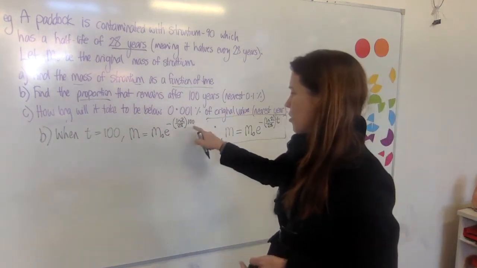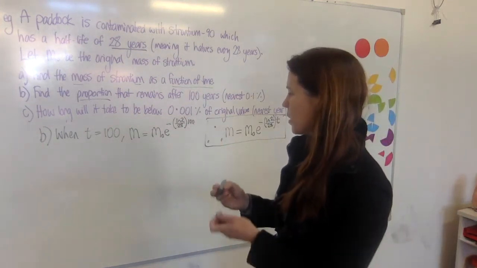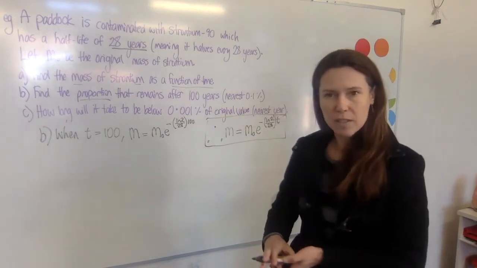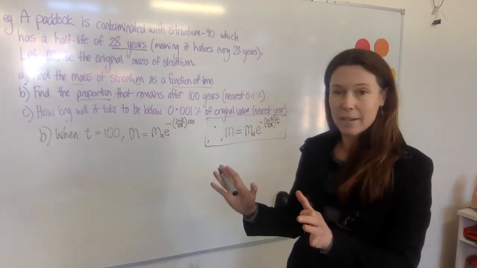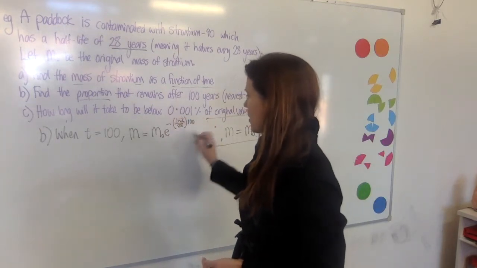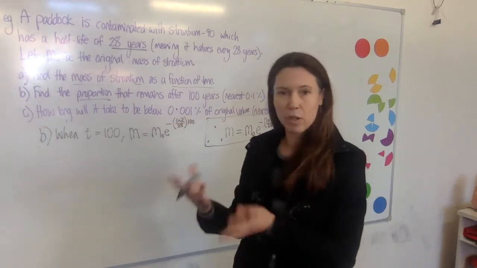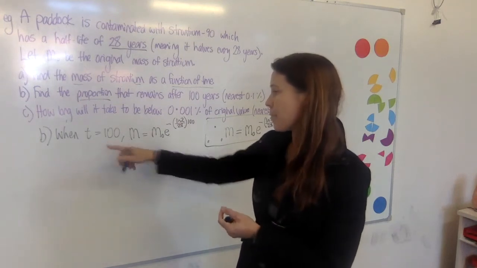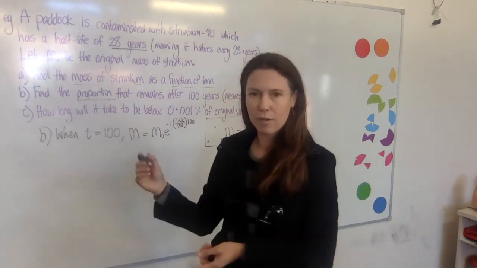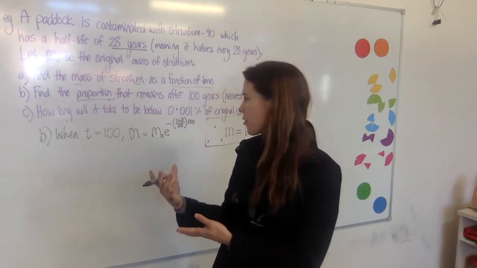Now, this part is straightforward to do, but what are we going to do about the proportion? Well, if you've got something that's unknown, don't worry about it at the moment. Let's just remember that if this now is a nice little formula for what we've got after 100 years, we can compare that because it doesn't ask how much in overall terms, it says what proportion have you got.